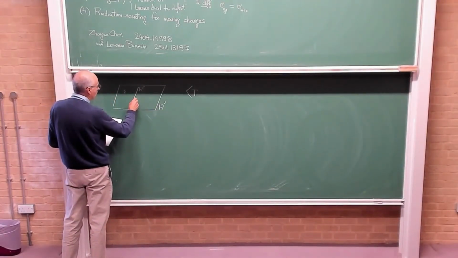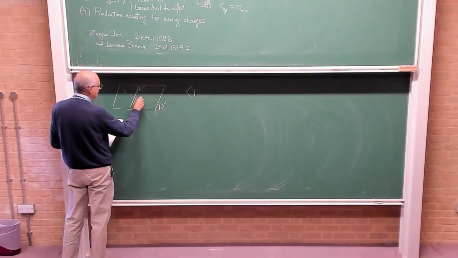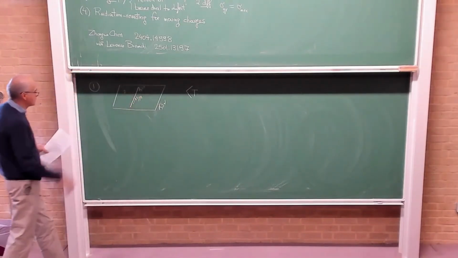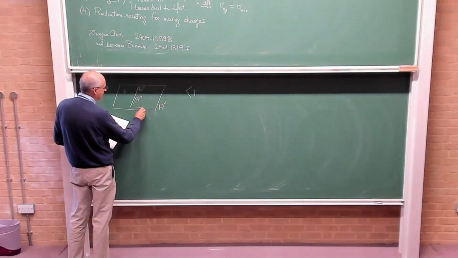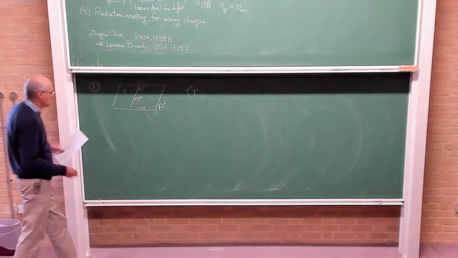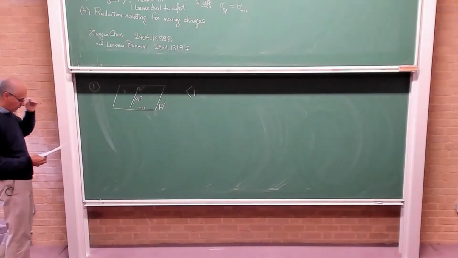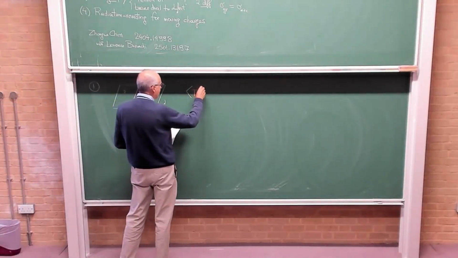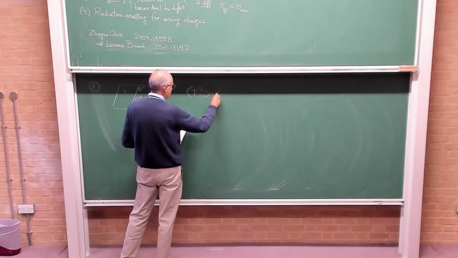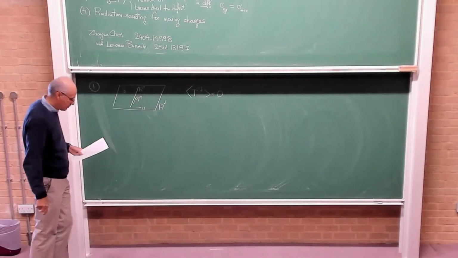I will use alpha, beta to parameterize the indices along the defect, and i, j, Latin indices, to parameterize the transverse directions. And then T alpha j is simply 0 because there is nothing invariant you can write down.